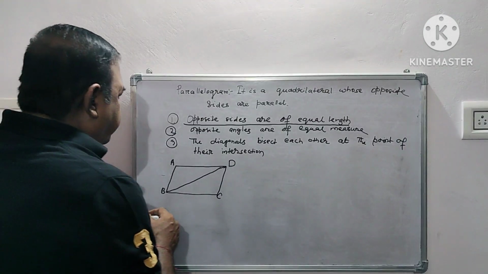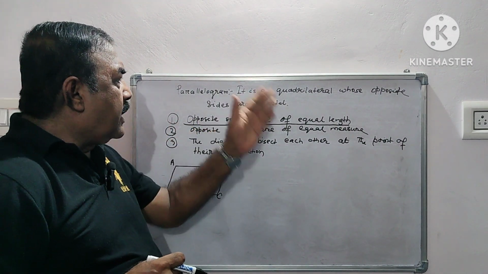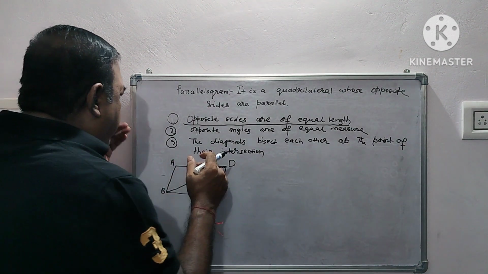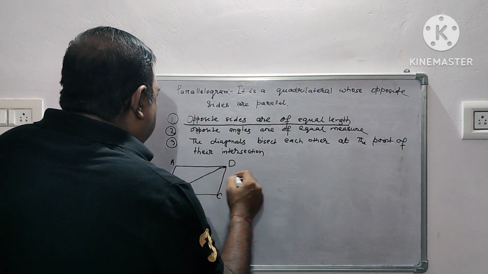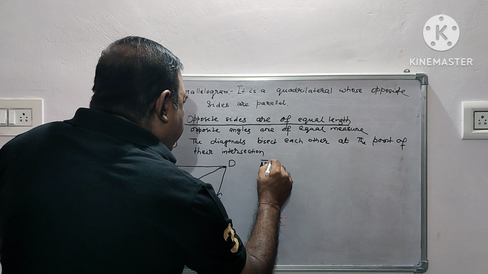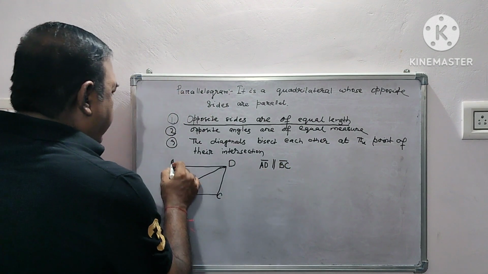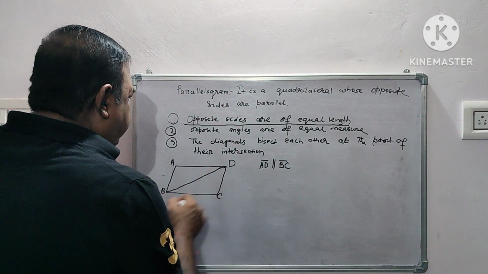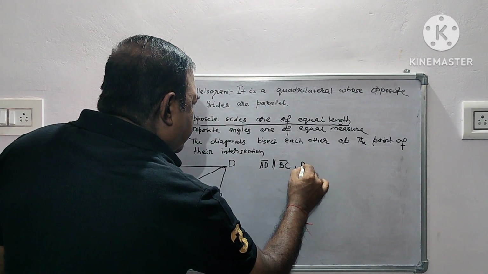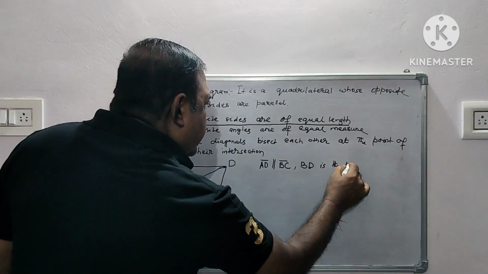And you see, you already know that a parallelogram is a quadrilateral whose opposite sides are parallel. So we will take one pair of the parallel sides. You see, AD is parallel to BC, and BD is the transversal.